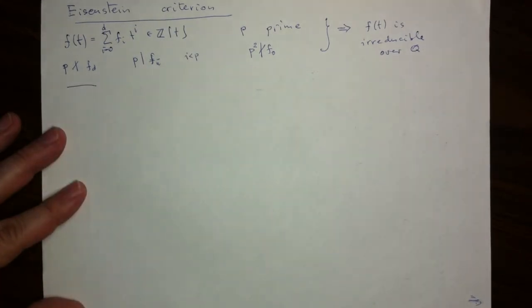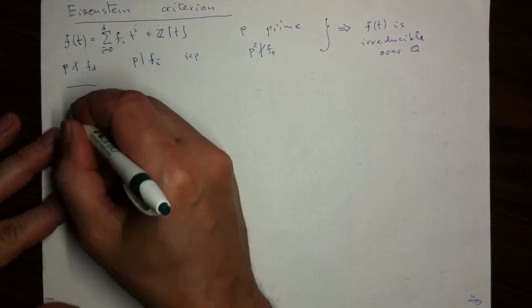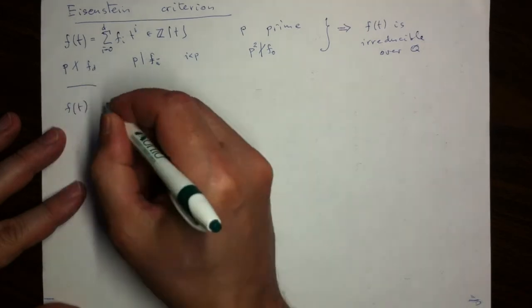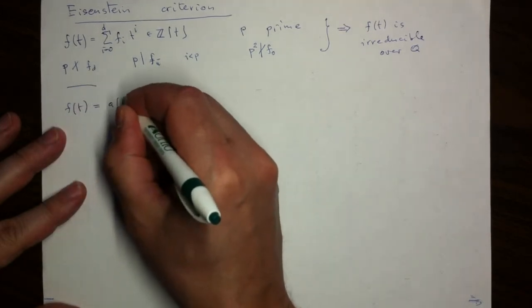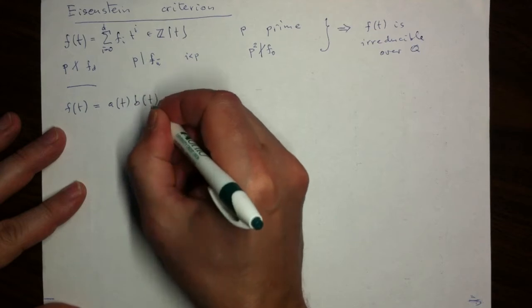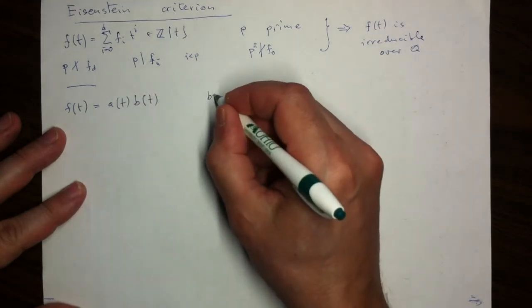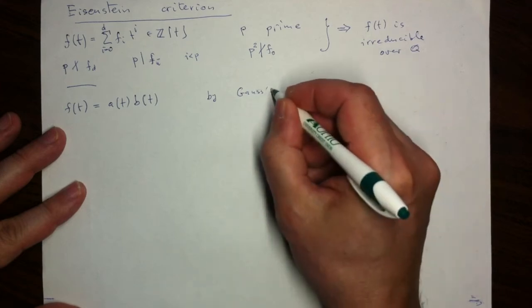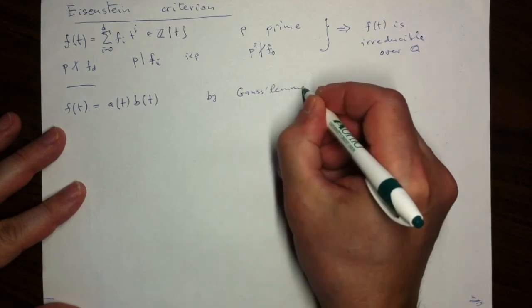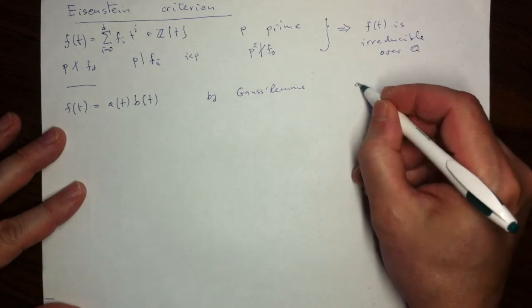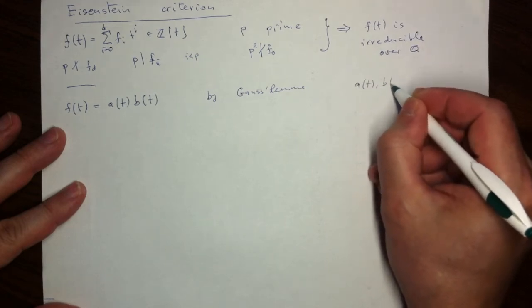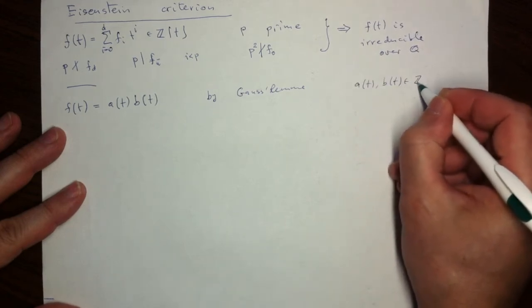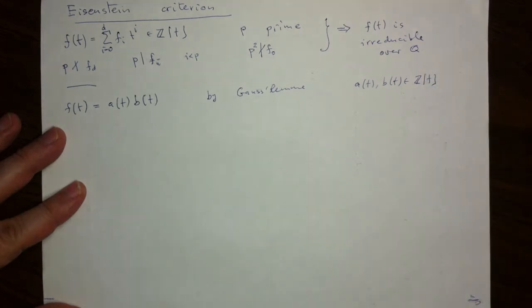Let's argue for that by assuming the opposite. Assume that we have a factorization into a product of two rational polynomials, but by Gauss's lemma, these polynomials can be chosen to have integer coefficients.